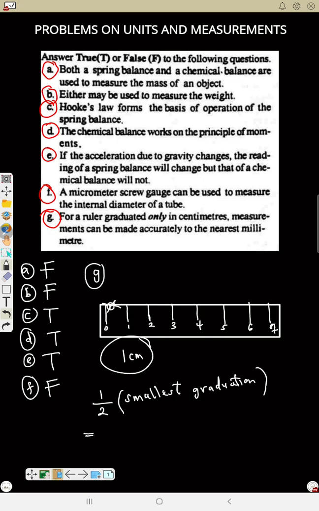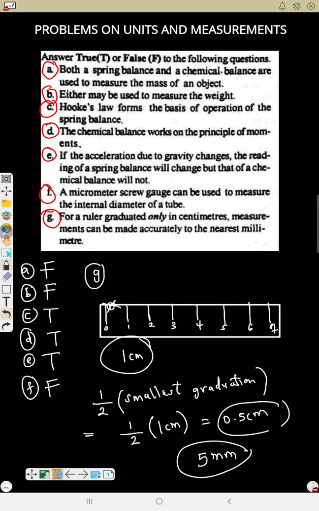And since the smallest graduation of this meter rule as described in this question is just 1 centimeter, the reading accuracy here will be 0.5 centimeter. Now change this 0.5 centimeter to millimeter. If you multiply by 10, that is 5 millimeter. Now this is not to the nearest millimeter, so this is 5 millimeters. So that means the precision here is limited to half of the smallest division of the ruler. So the statement here is false, cannot be true.